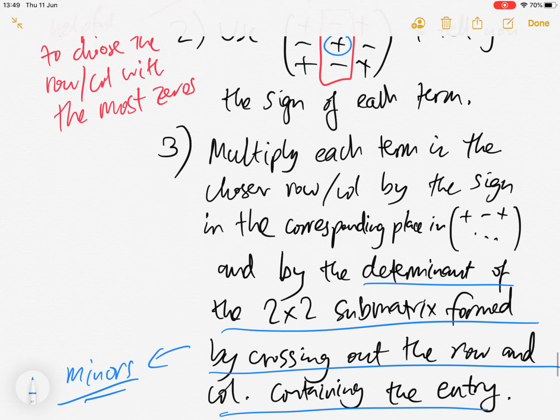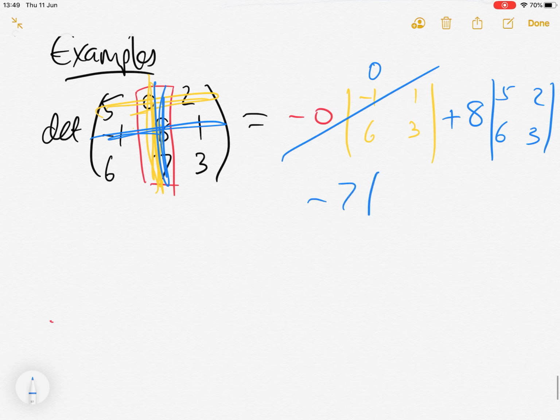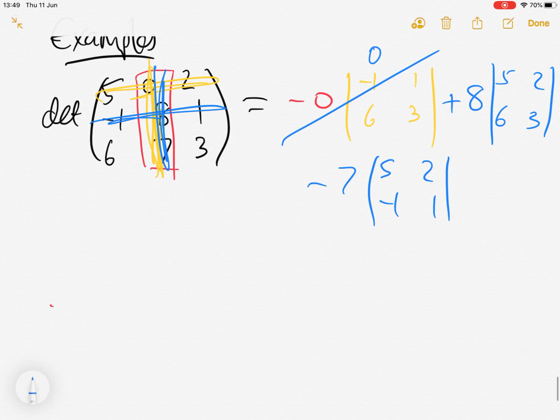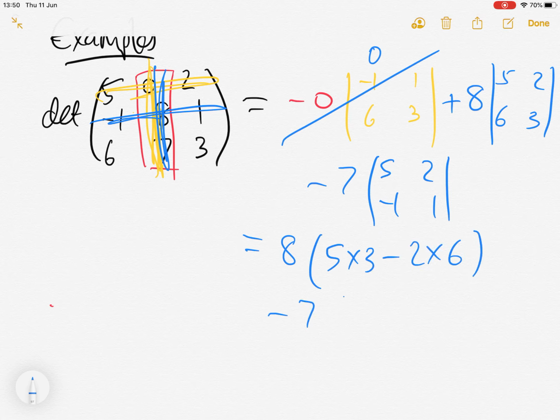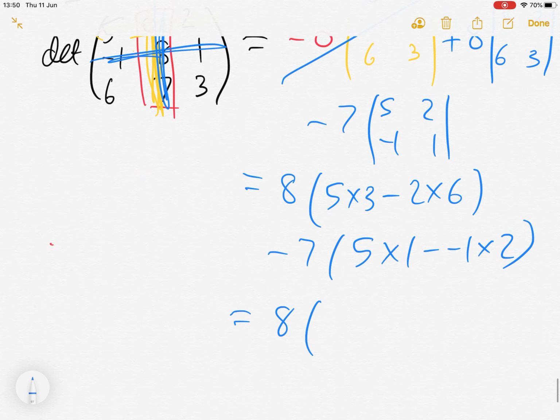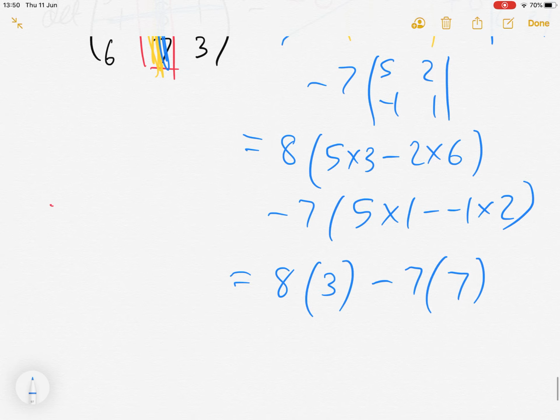And then the last thing is a minus, so minus 7 times the determinant of 5, 2, minus 1, 1. Okay, so this is 8 times 5 times 3 minus 2 times 6, minus 7 times 5 times 1 minus minus 1 times 2. So this is 8 lots of 15 minus 12, that's 3. And then this is 7 lots of 7.